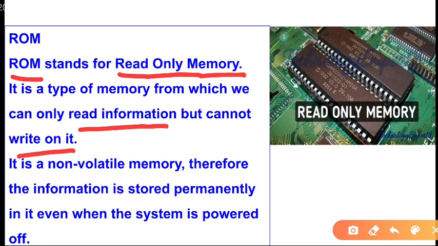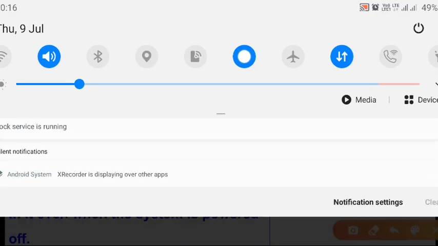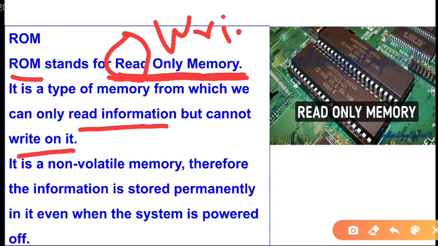See, students, on RAM the data was constantly overwritten. That means data can be written into the RAM and then erased from the RAM. But ROM is a type of memory from which we can only read. We cannot write anything inside the read only memory. We can only read the information which is present in the ROM.